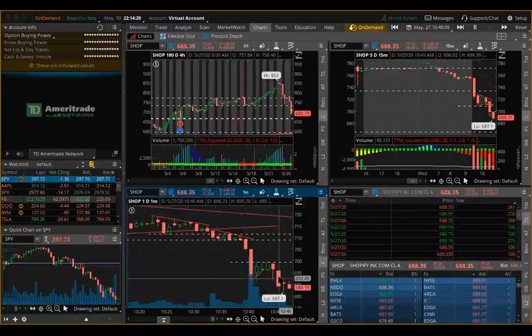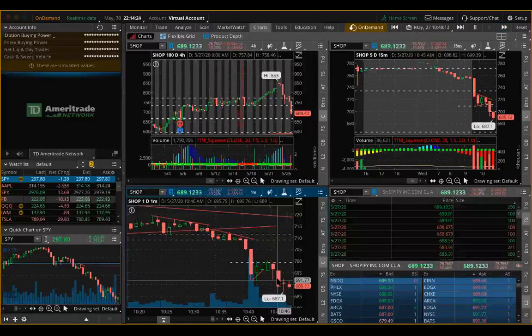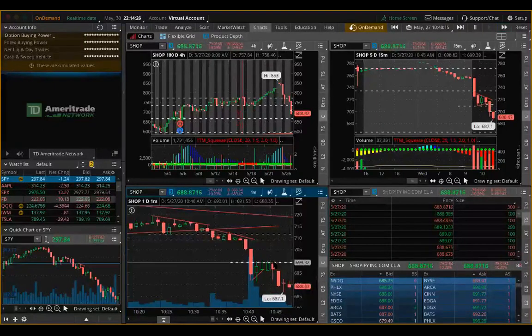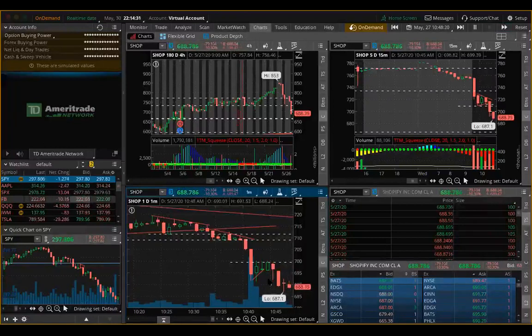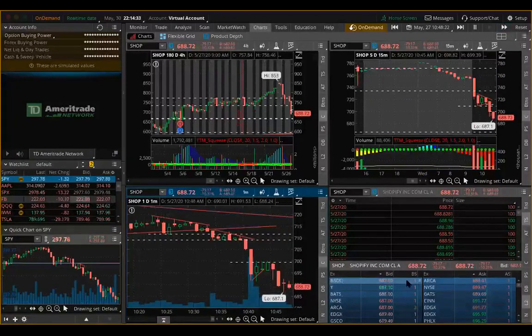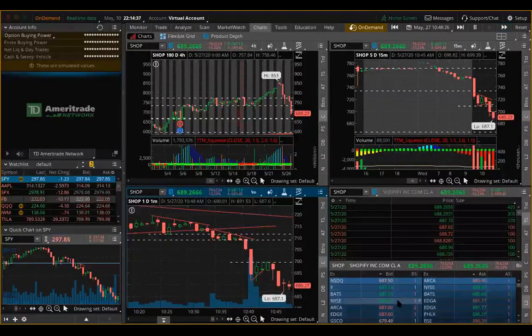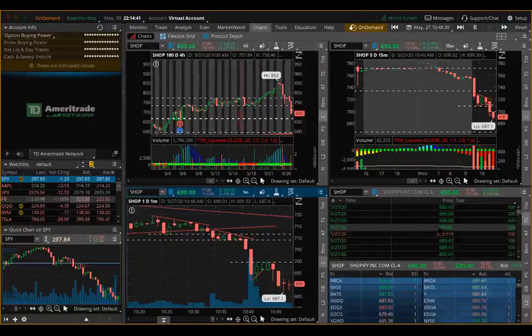Got a whole nother $4 move off the first trim. But we're still dumping, SPY's dumping. Nobody's coming in to buy any of these orders, right? So essentially, this is how you read level two.